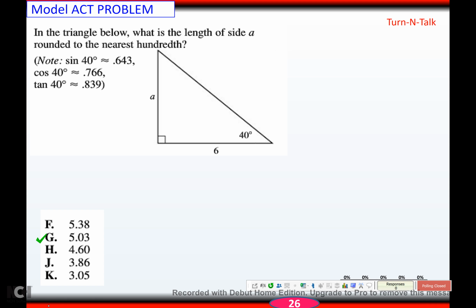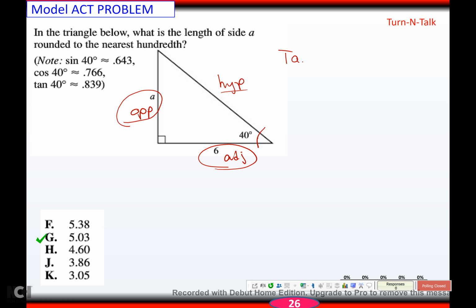All right, in the triangle below, what is the length of side A, which is, if I'm working from this angle, that's opposite, and this is adjacent, and this is hypotenuse. What is the length of side A rounded to the nearest hundredth? Well, from this, again, I'm looking for opposite. I don't want to use hypotenuse because I don't know that either. I got to use something that I know. So I want to use opposite and adjacent.